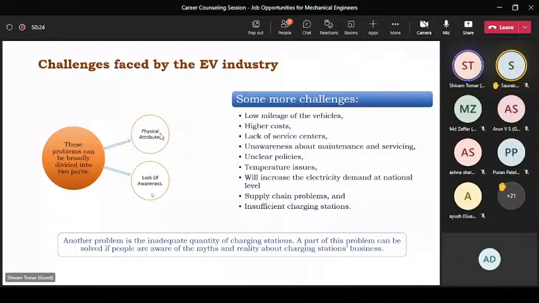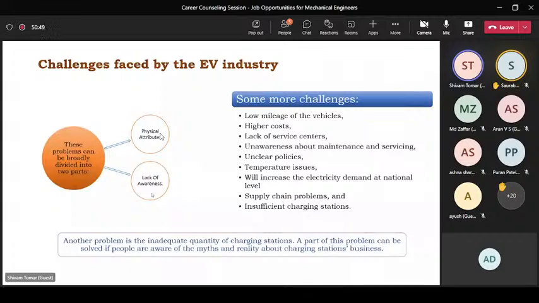They don't know how to handle electric vehicles: when they have to charge the vehicle, at what speed they have to go, what should be the state of charge of the battery, and what should be the depth of discharge, the range up to which they can discharge the battery.